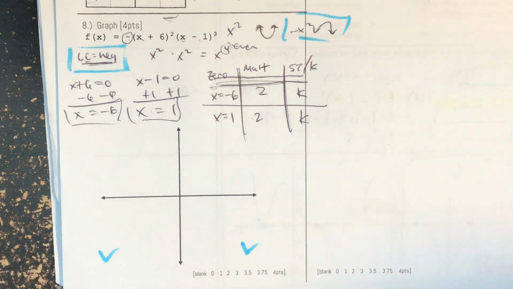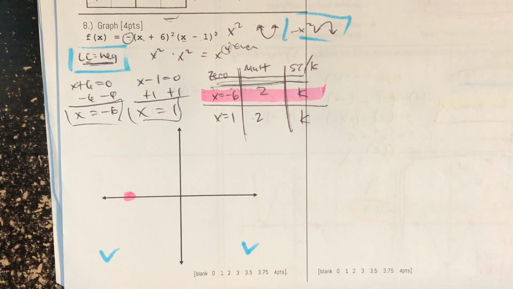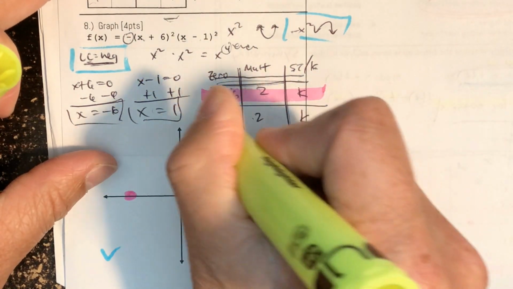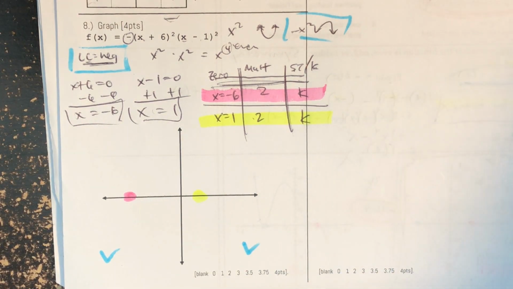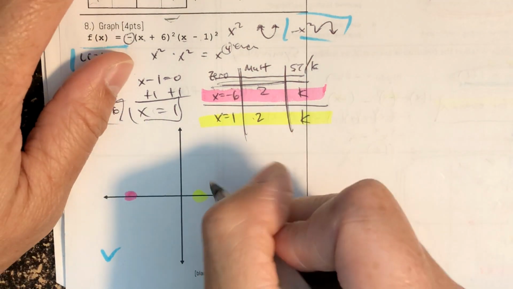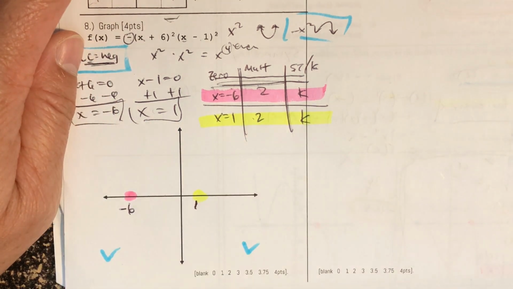Let's go ahead and draw this. So x equals negative 6, put it over here. X equals 1, right there. And we can label this, so let's label it. You can put a 1 right here, and a negative 6.